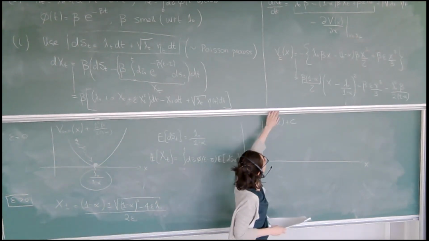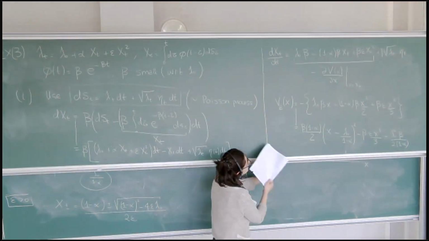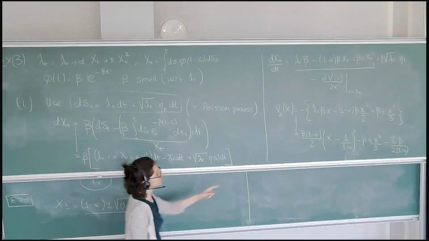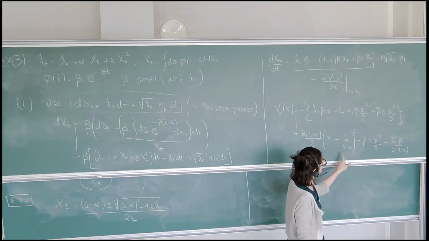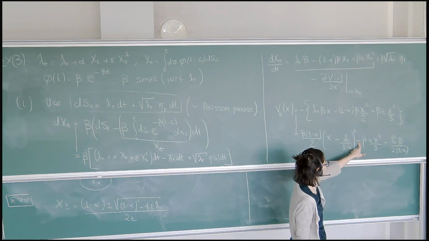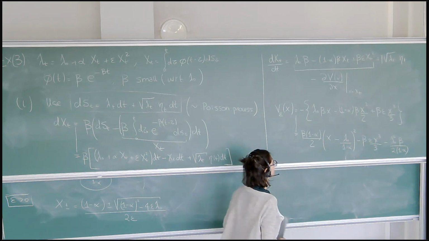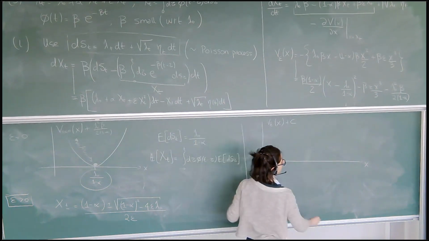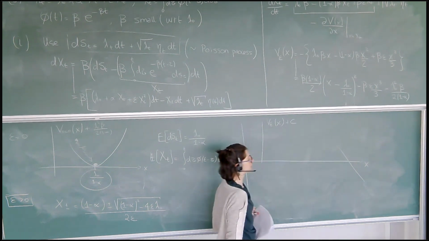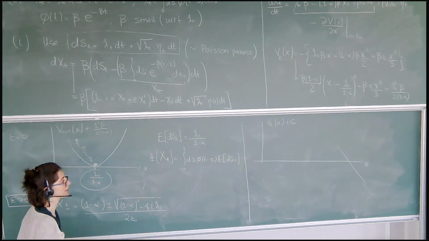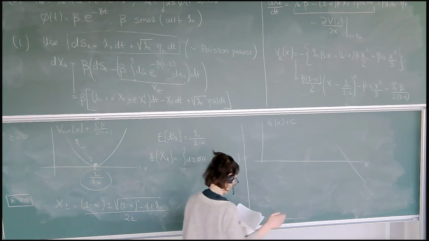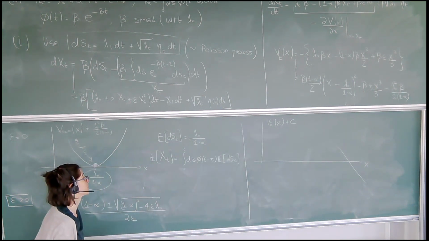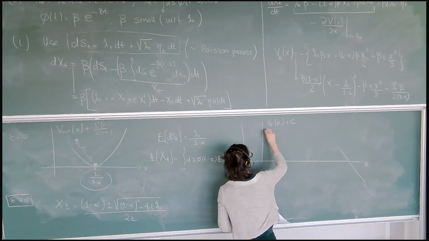First of all, if you take x very, very large, the term which dominates in this expression will be the cubic term that has, quite importantly, the minus sign in front. So for x very, very large, this potential will decay like minus x cubed. And then you know that you have two stationary points.